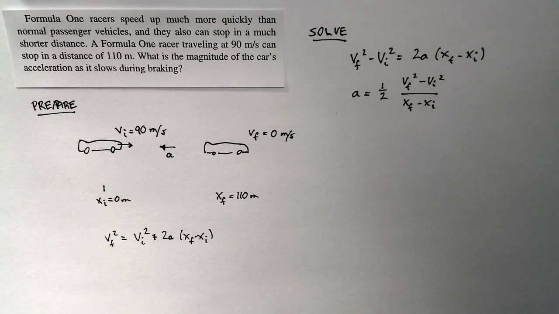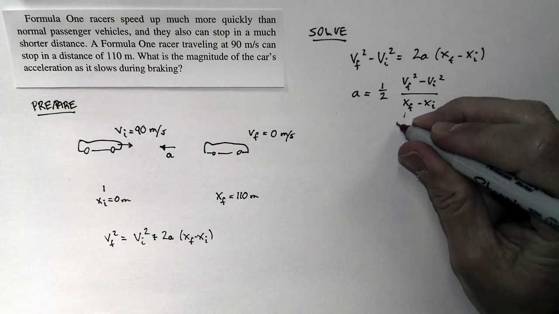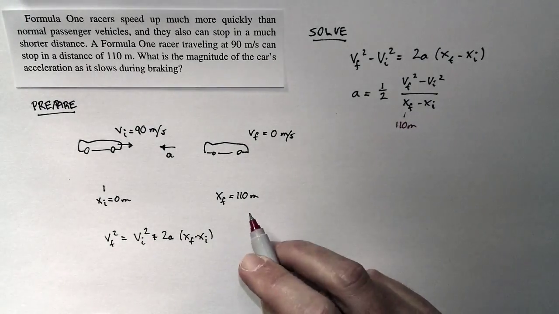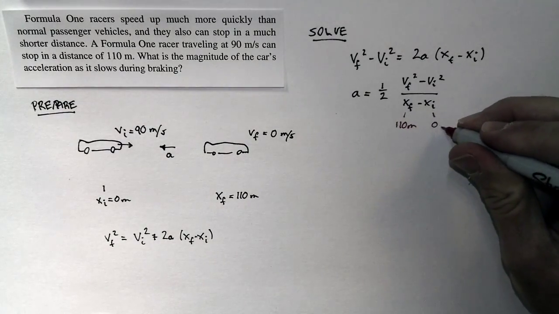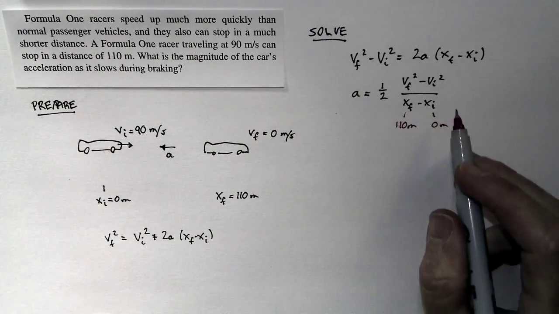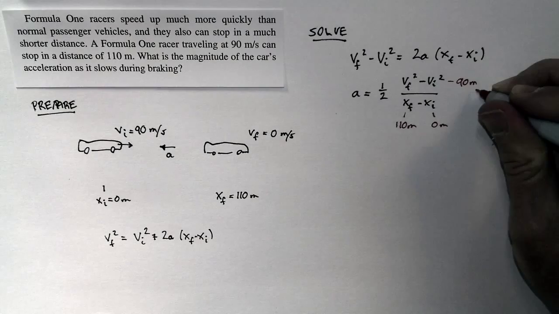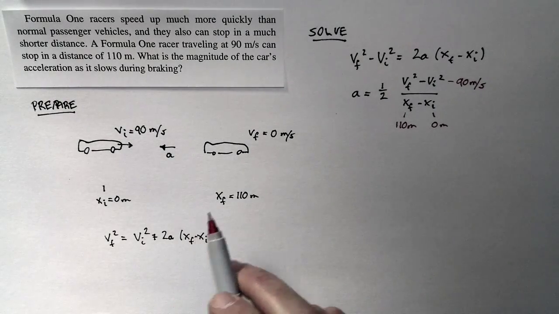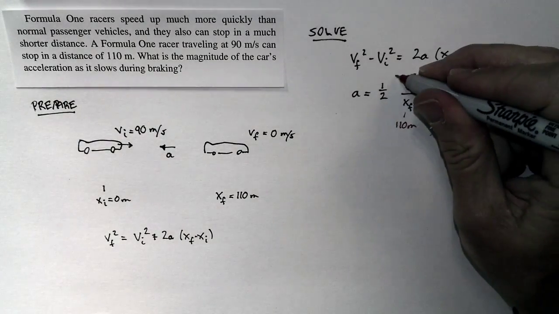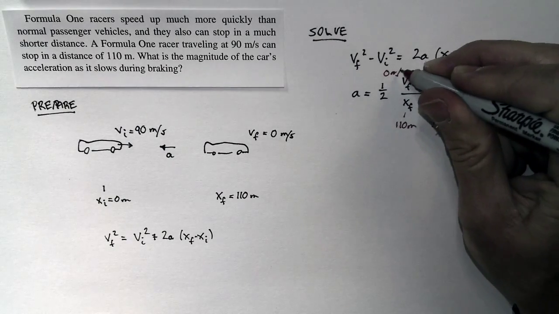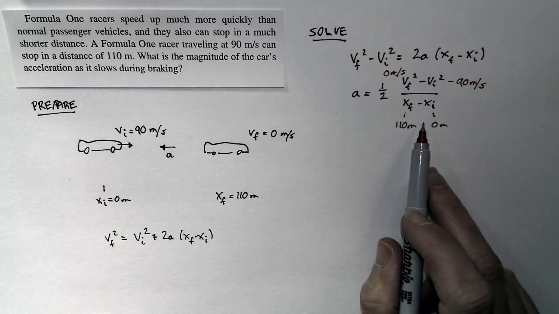Now here's the thing. We know all of these values. The final position is 110 meters. That's right here. The initial position is 0 meters. The initial velocity is 90 meters per second. The final velocity is 0 meters per second. So we know all the values to put in this relationship.